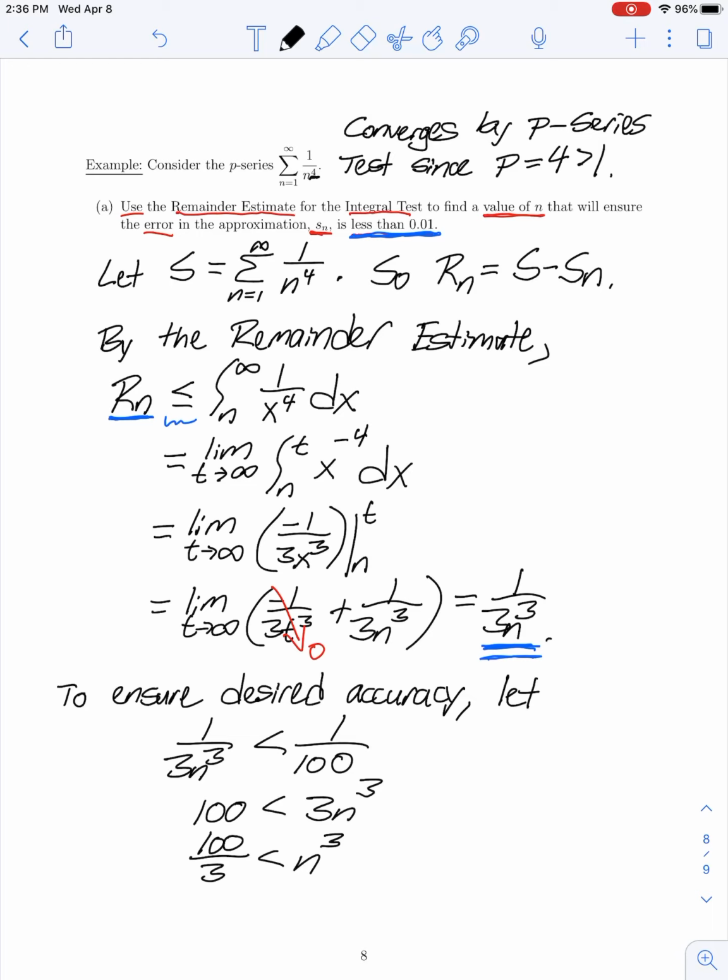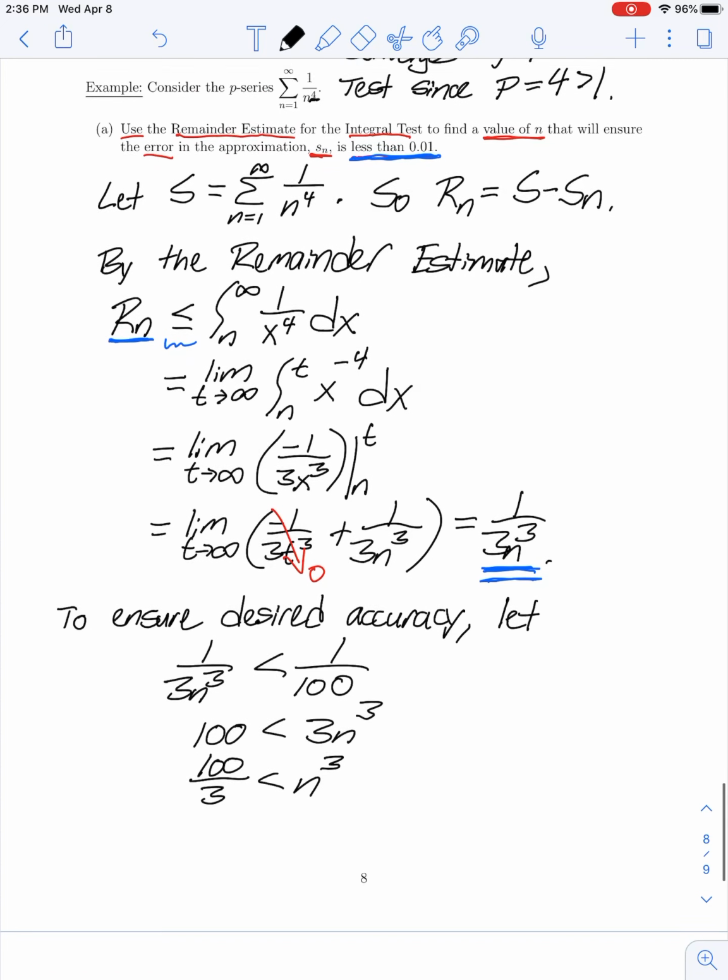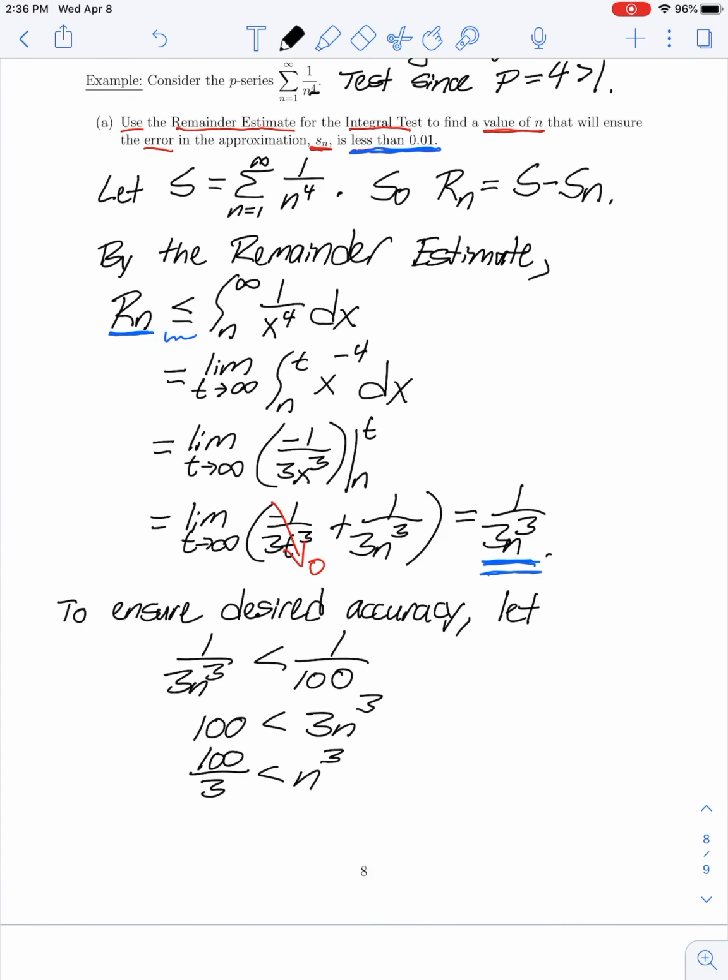So now the question is, what would be the smallest value of n that would satisfy this inequality? Well, we could start by choosing values of n and seeing what's the smallest value that would satisfy it. If n equals 1, we would have 1 cubed, which is not greater than 100 thirds. 100 thirds is 33.3 repeating.